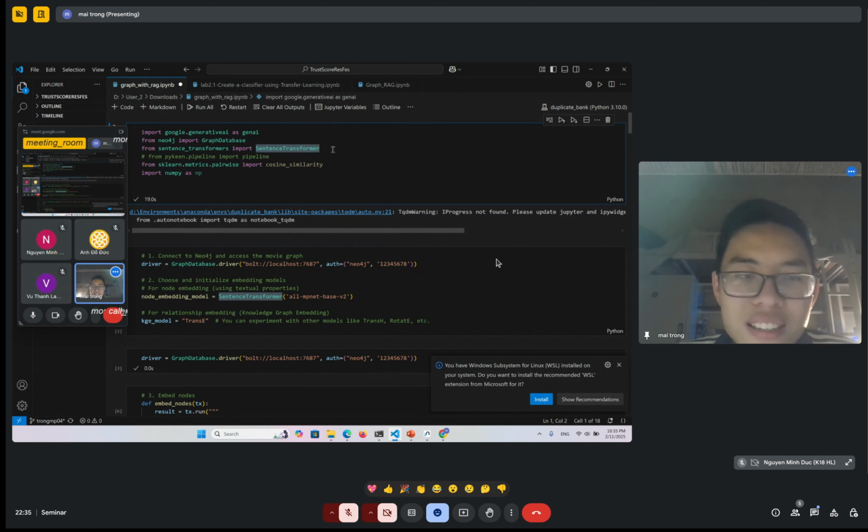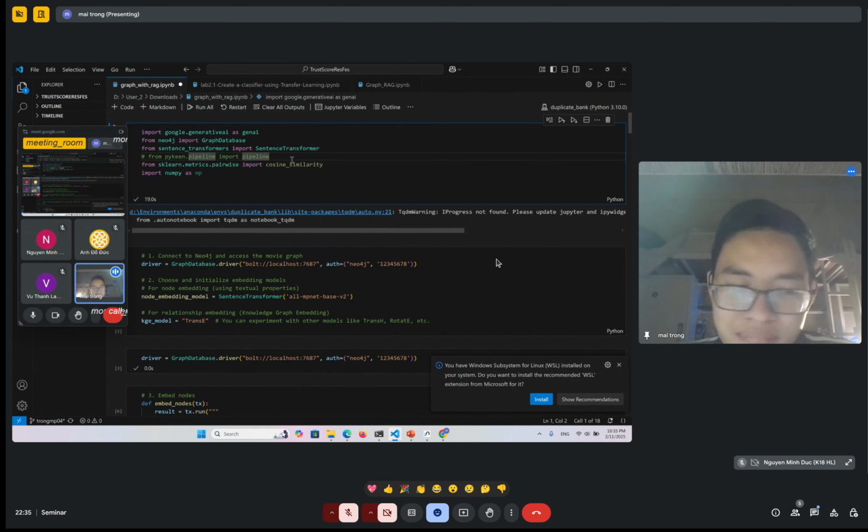You can also use Neo4j for the graph database. If you don't want to use Neo4j, you can use NetworkX. And for the model, this time I use Google Generative AI. If you don't like it, you can use a local model, DeepSeek, OpenAI, anything. You can change anything you want.